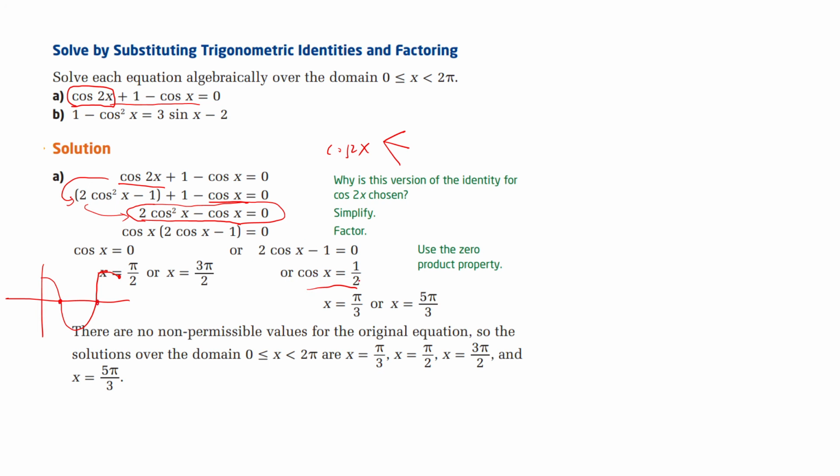For cosine x equal to 1 over 2, it's either in quadrant 1 or quadrant 4. In quadrant 1, it's 60 degrees, so pi over 3. In quadrant 4, it's 2 pi minus the reference angle, which is 5 pi over 3.